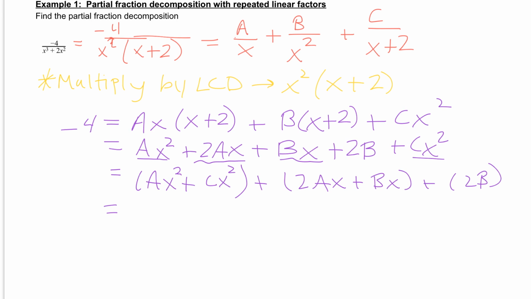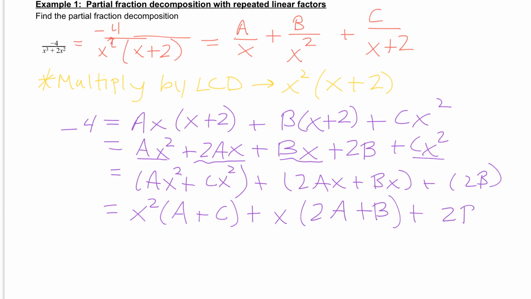In my first set of parentheses here, I can factor out the x squareds that come into both. And I get x squared times A plus C. In the second one, both of these have a common x that I can take out. And this is multiplied by 2A plus B. And then I still have my 2B as my constant. Remember that this is equal to negative 4. And in terms of x squared, x's, and a constant, I'm going to rewrite this negative 4 to look like the following.